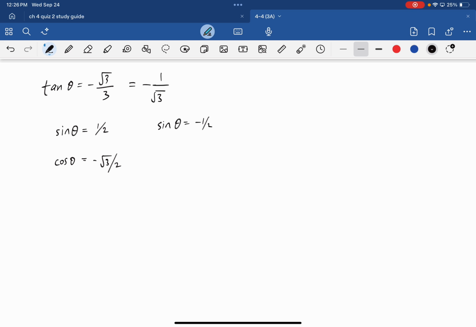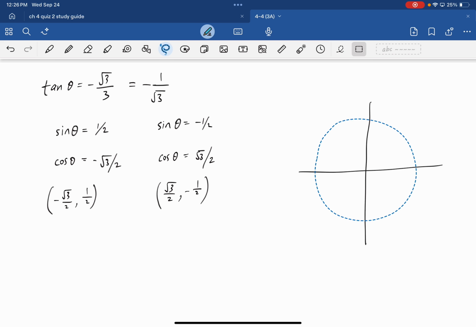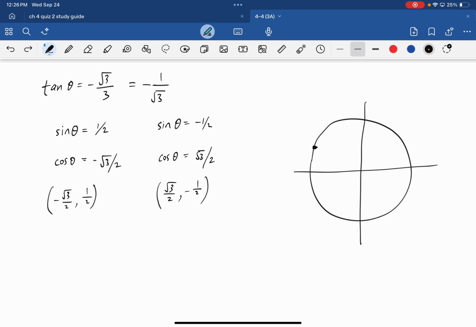So that's negative 1/2 and positive root 3 over 2. And so we're looking for two coordinates that look like this. And on the unit circle, that's just this point and this point, which is 5 pi over 6 and 11 pi over 6.